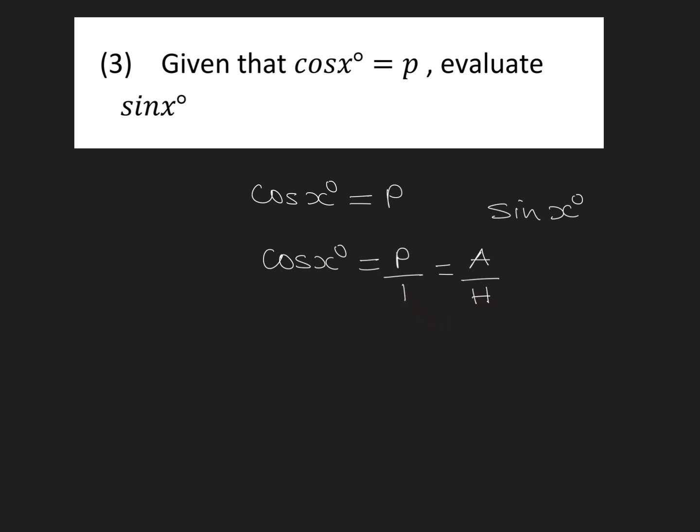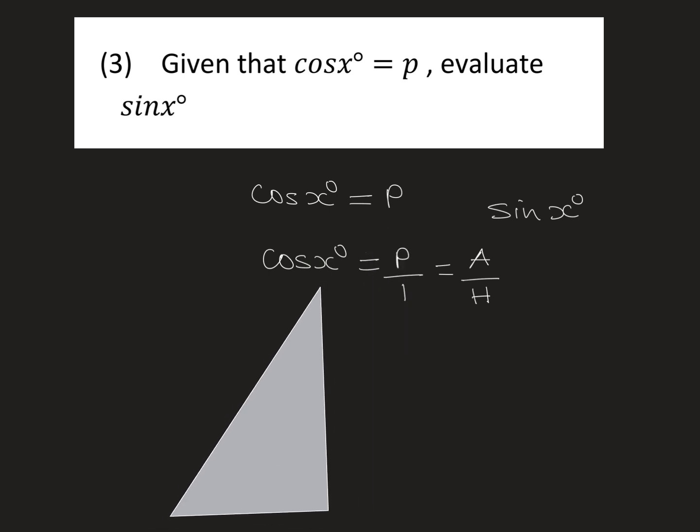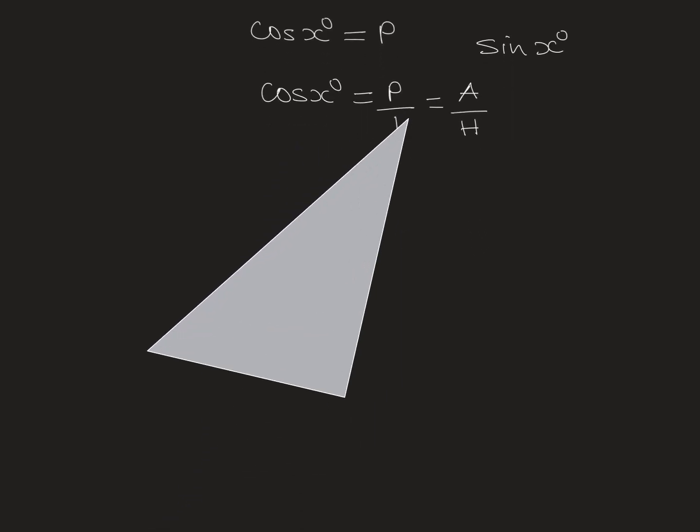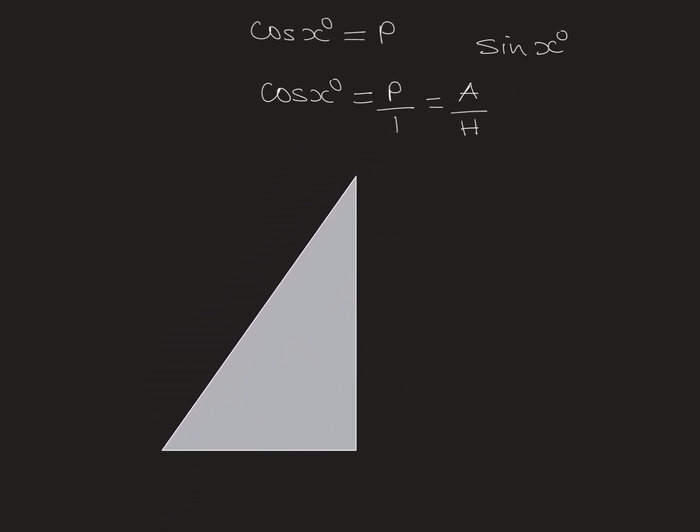Now let's try to draw the triangle. So if this is the triangle, it is a right angle triangle. Let's say this is where we have x degrees. So if that is the location of x, the adjacent will be here.